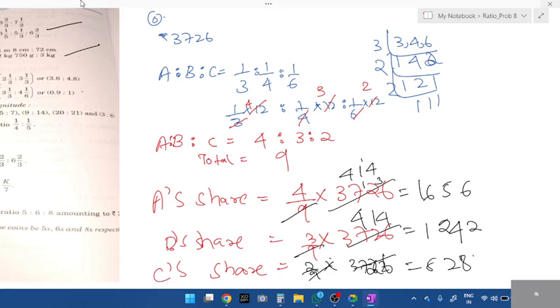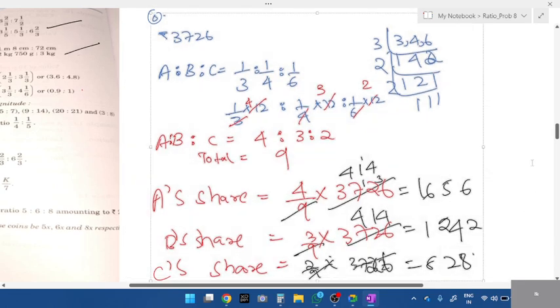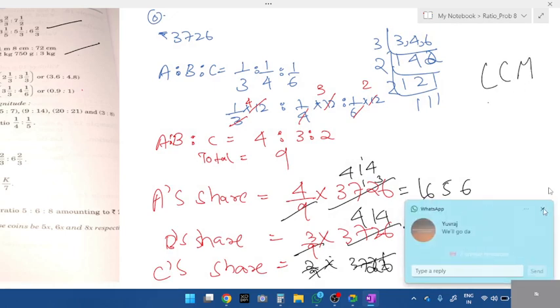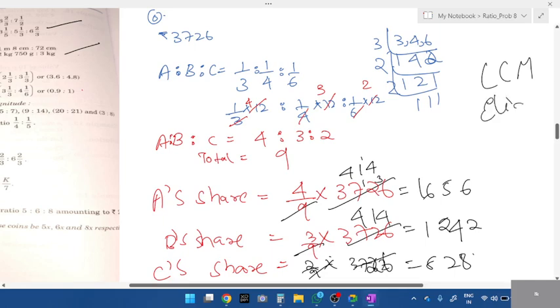Let them give any question, a ratio question, whether 2 members, 3 members, 4 members. This is the standard concept, students. Take LCM. We take LCM to eliminate the denominator. Once you eliminate the denominator, you have to add the ratio.